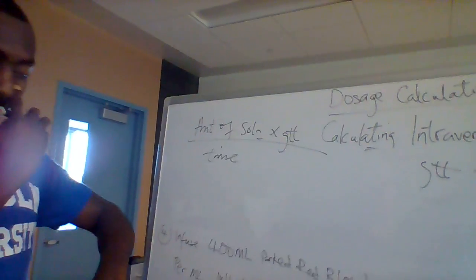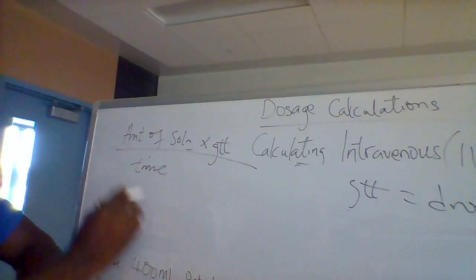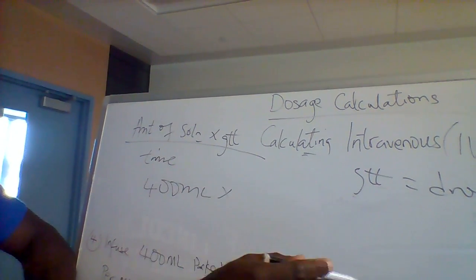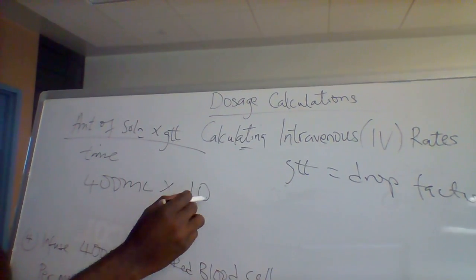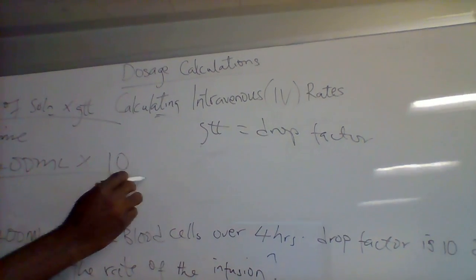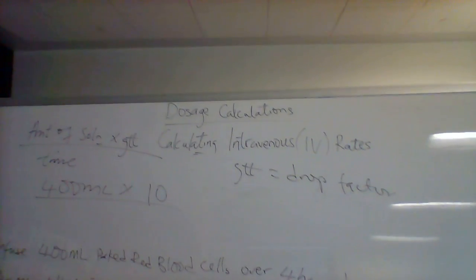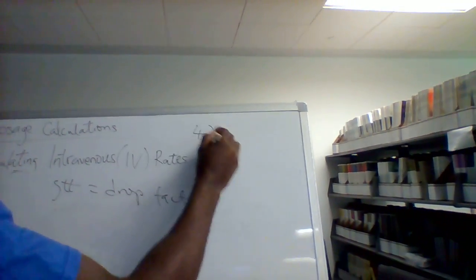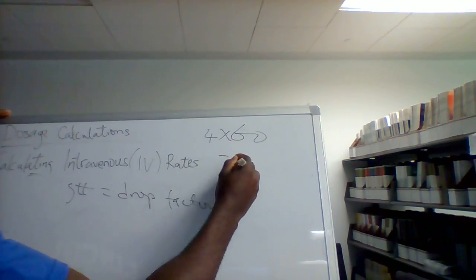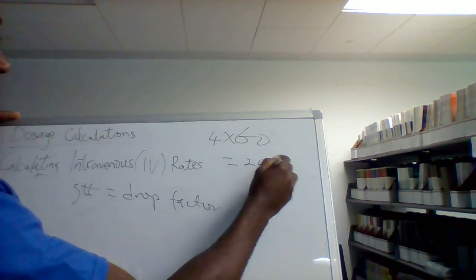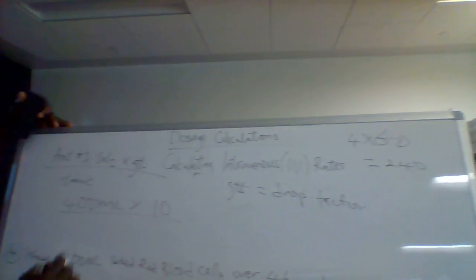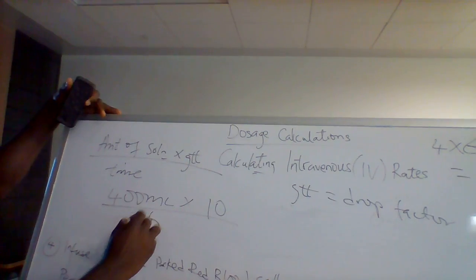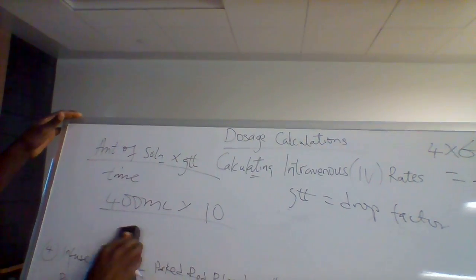The amount of solution is 400 ml, times our drop factor, 10, all over the time, and this has to be in minutes. For us to get 4 hours into minutes, we multiply 4 times 60, which gives us 240. So 400 ml times 10, over 240.